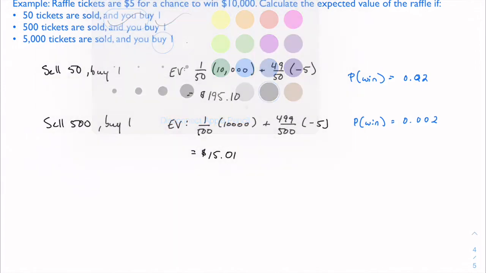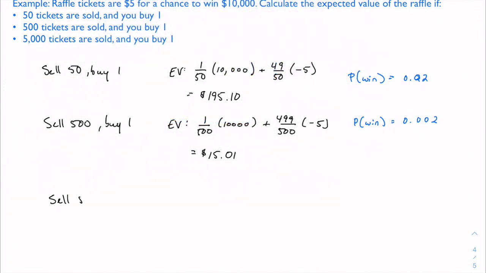And the last case we're going to look at is to sell 5,000 tickets and buy one. So now I have 1 in 5,000 chances of winning, and 4,999 out of 5,000 chances that I don't. So calculate one more time. Wait, that's not right. 5,000 times negative 5.